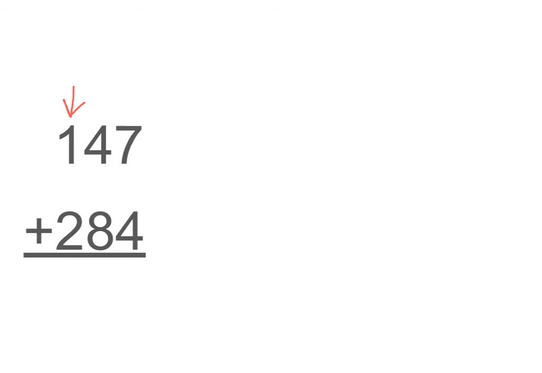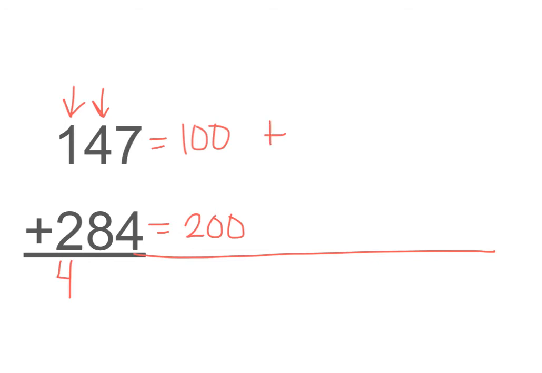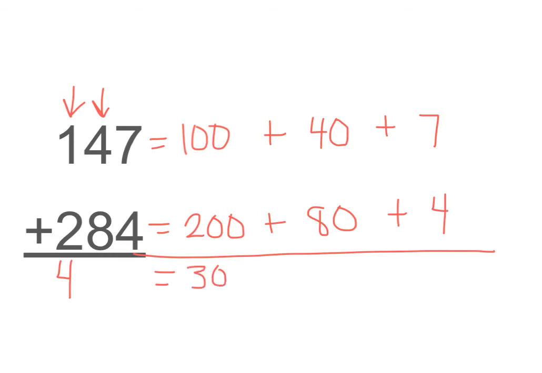Look in the hundreds column. You know that 100 plus 200 equals 300. Notice you have an extra, or you have more than 100, so we know it's going to be 400. So let's just see 400 what? Expand it out. 200 plus 100 equals 300. 80 needs a 20.